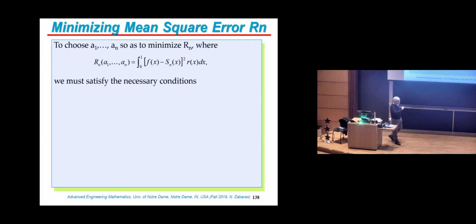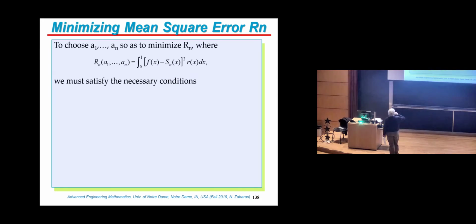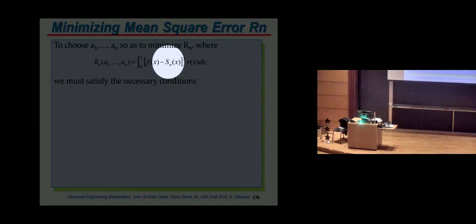Let me pose the following problem. You have a function f of x, and you have one of these Fourier expansions in some basis functions, phi1 to phi n, but you only keep n terms. So Sn is the partial sum where you keep n terms, and R is the function that comes in the Sturm-Liouville problem from where the basis functions phi are coming.